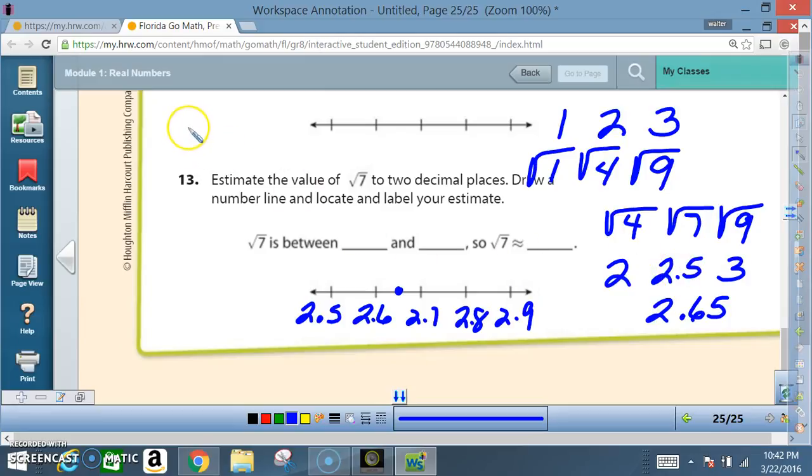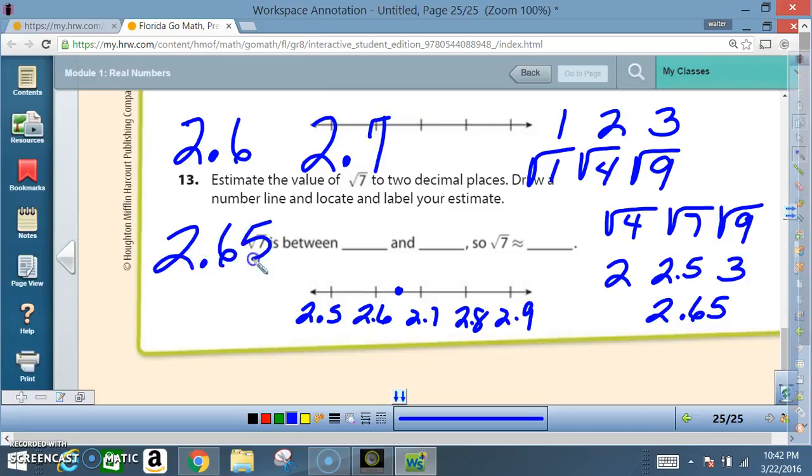So I'm saying that it has to be between 2.6 and 2.7. Remember now, the 2's are in common, so that's 2. Halfway between 60, pretend that's a 0, and 70 is 65. So that's how I came up with 2.65.